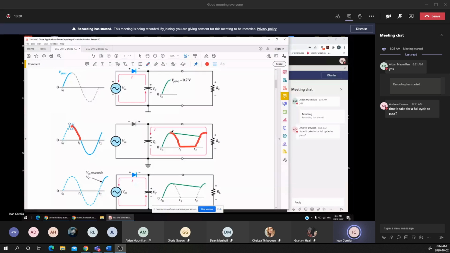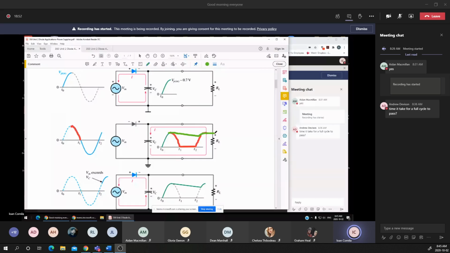As a result, instead of having a ripple between 0 and VP, now we have, I may change the color to a green one, let's say. Now the capacitor is charging, and after that, when there is no voltage, it acts as a temporary battery, and then it charges again due to an increase in voltage.